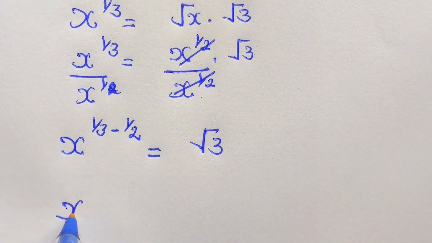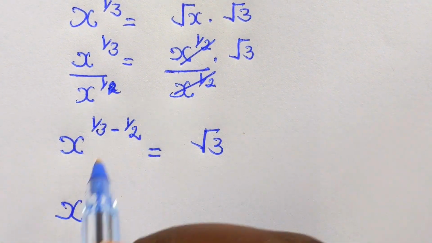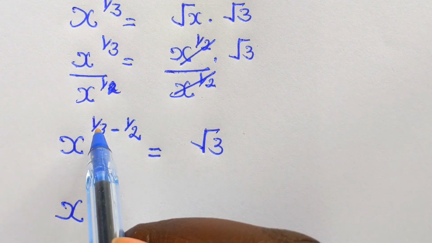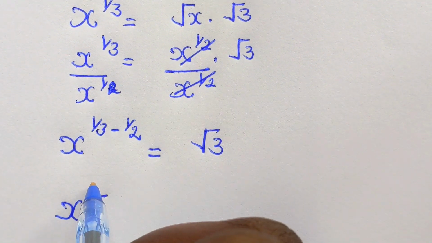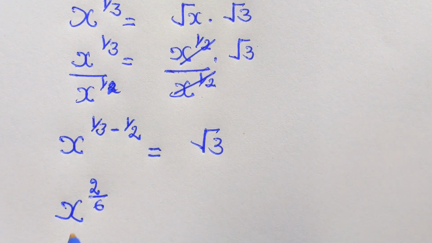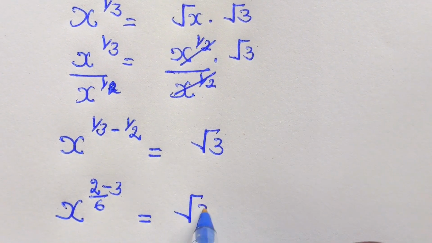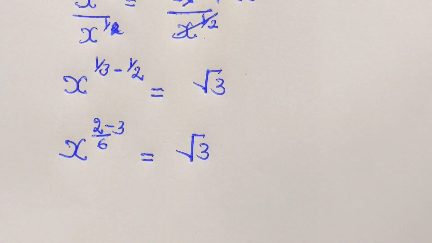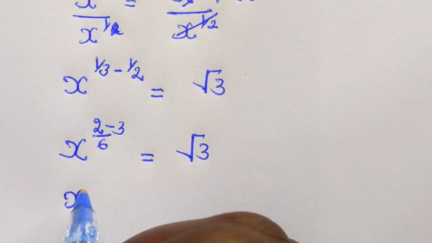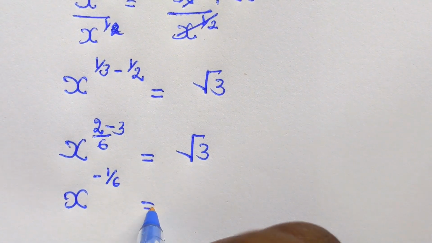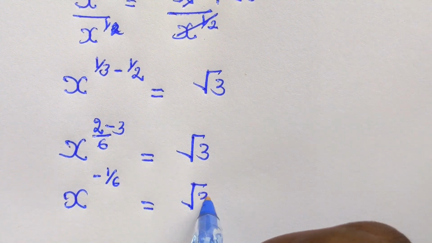Then I have to find the common denominator, which is 6, so this is 2 minus 3 over 6, equal to the square root of 3. Then x power negative 1 over 6 is equal to the square root of 3.